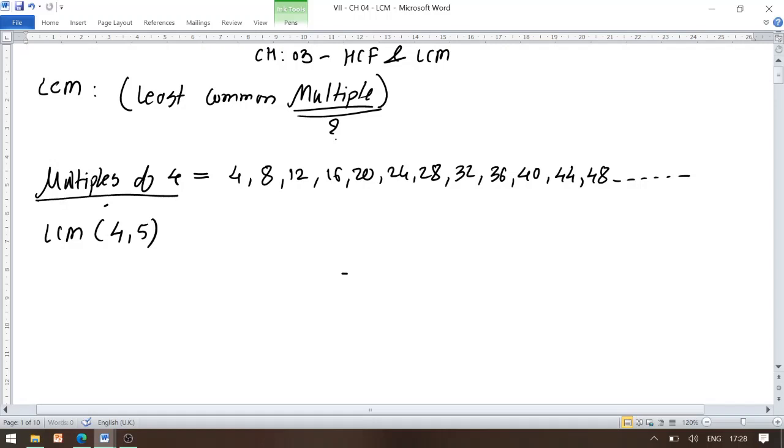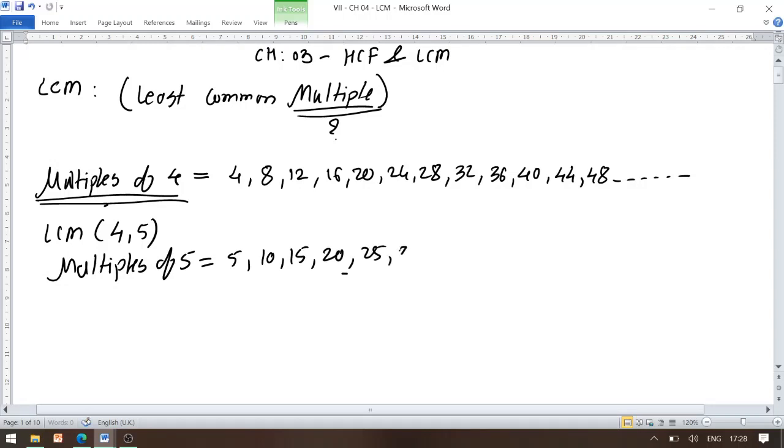Already we have the multiples of 4, so now note down the multiples of 5. 5 ones are 5, 5 twos are 10, 5 threes are 15, 5 fours are 20, 5 fives are 25, 5 sixes are 30, 5 sevens are 35, 5 eights are 40, 5 nines are 45, 5 tens are 50, next 5 elevens are 55, 5 twelves are 60, and so on.